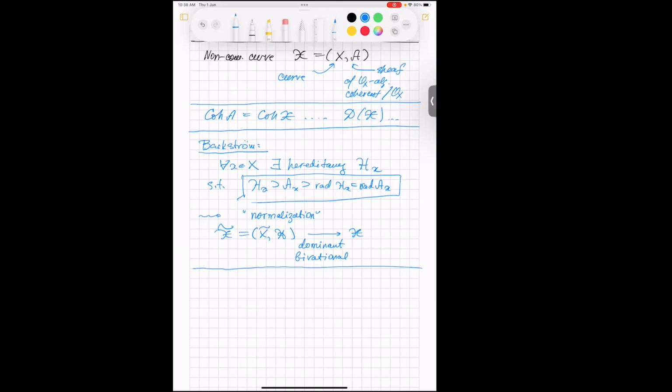But then it is not so good, just as in the commutative case, to consider normalization.